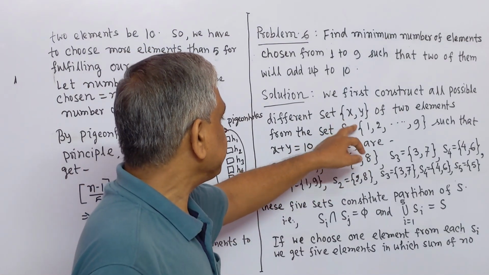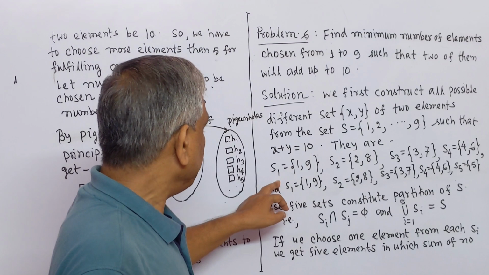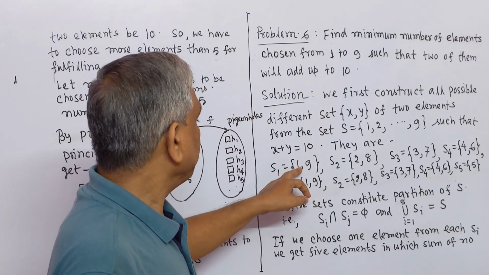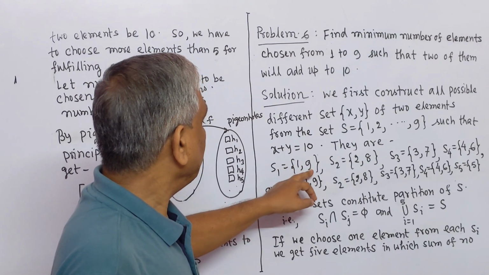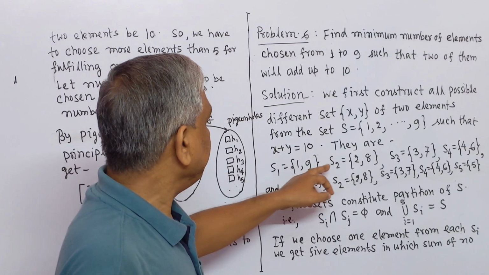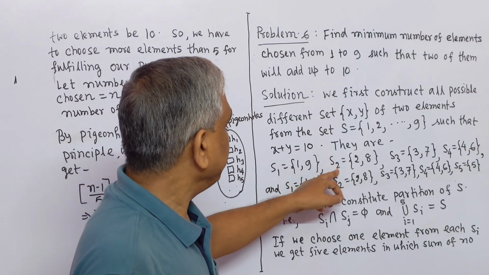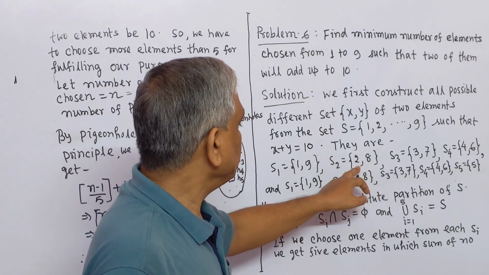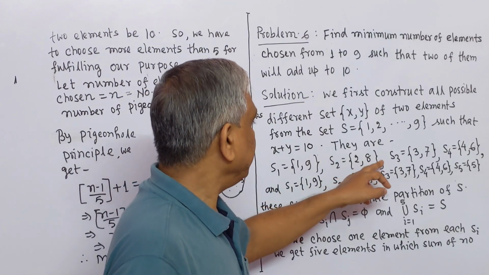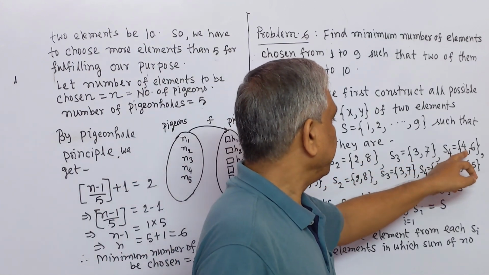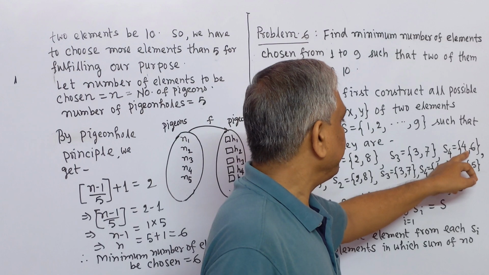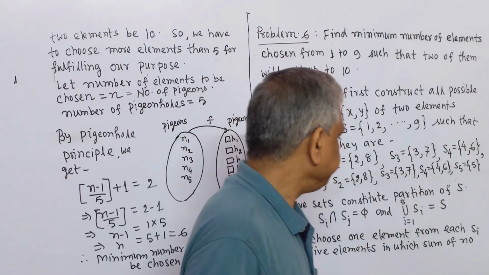This type of sets are S1 containing elements 1 and 9, 1 plus 9 equal to 10. S2 contains elements 2 and 8, 2 plus 8, 10, and similarly S4, 4 plus 6 equal to 10.